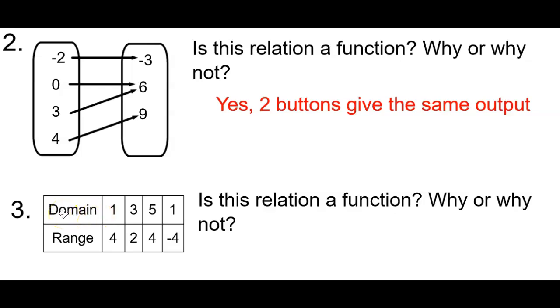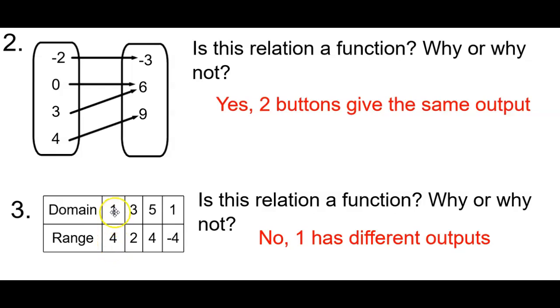So look at number 3 here. Is this relation a function? Why or why not? So if you want to rewrite this table as a mapping, you can do that. Remembering not to write repeats. And I'm going to say no, because 1 has two different outputs.